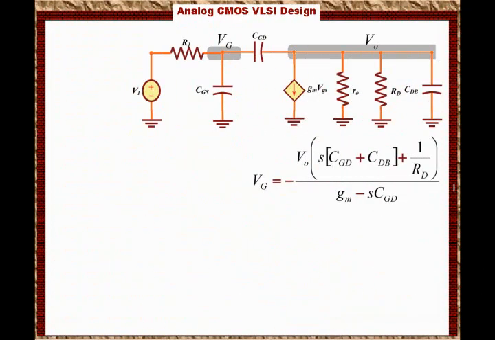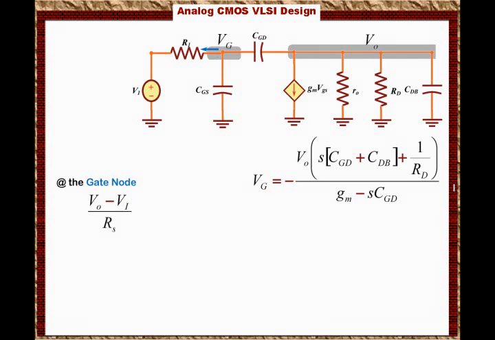Now I will sum the currents leaving the gate node. At the gate node we have the current leaving the input resistance, which is (Vg minus Vi) over Rs, where Rs is the source resistance.